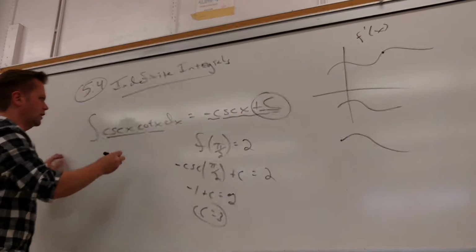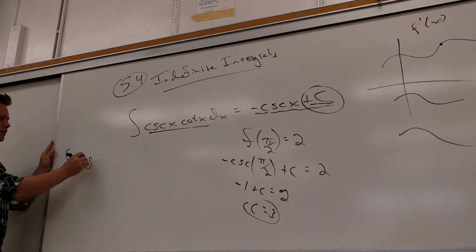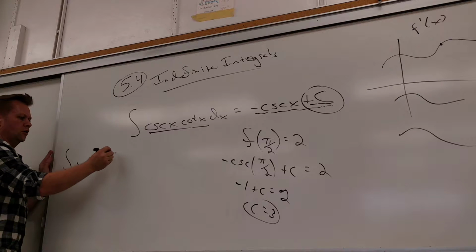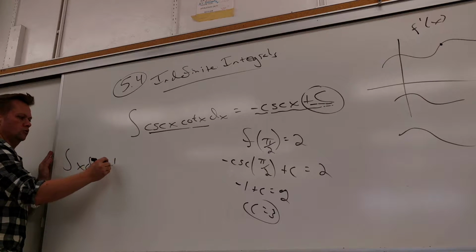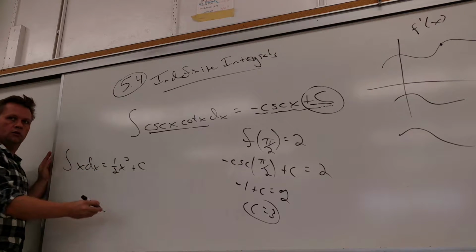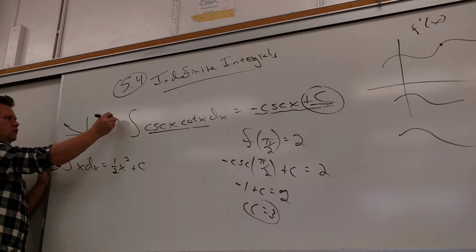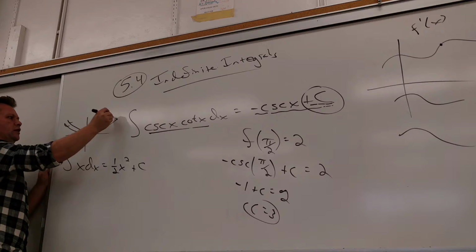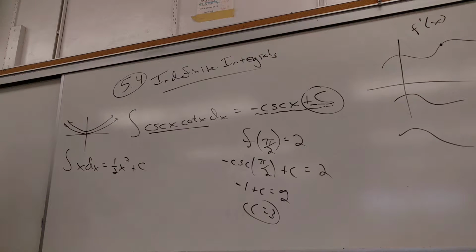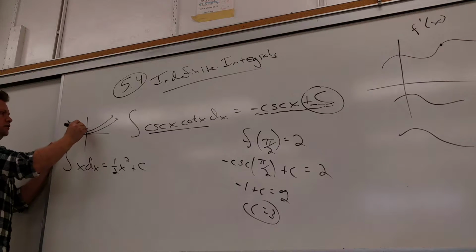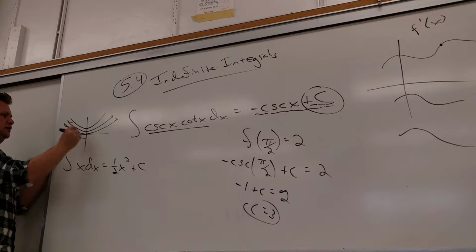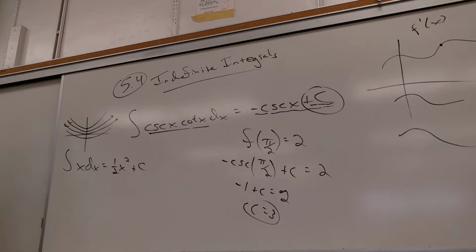So when they ask, what's the integral of x dx? X squared over 2. Good. Plus c. So that's a family of functions because it could be this or it could be this. They're all parallel to each other in a way, right? And it's curvy, but they never touch, right? So once I figure out what c is, that'll tell me which one it is. But it's a family.